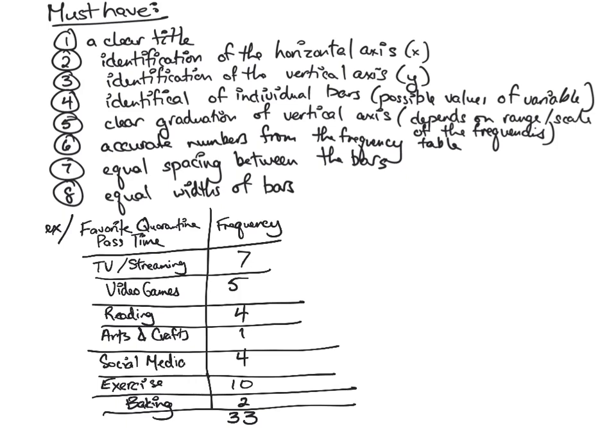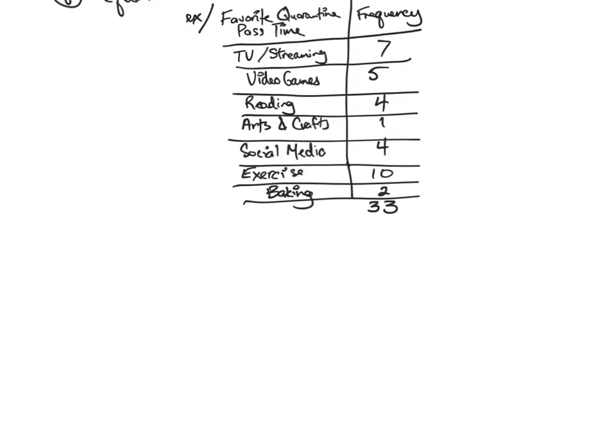If we were going to then take this information and make it into a bar graph, first of all, we'd have to have the right amount of space, and then we would need to use all of those 8 points we have above. So number 1, we need to have a clear title.